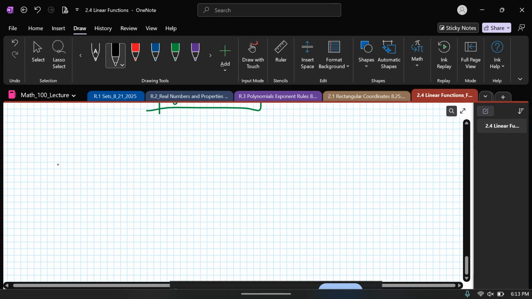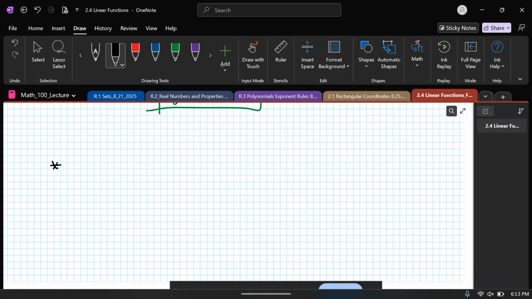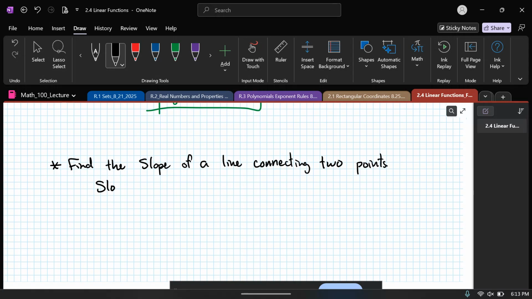All right. Last thing. So last several examples here. Find the slope of a line connecting 2 points. To do that, you need the slope formula.